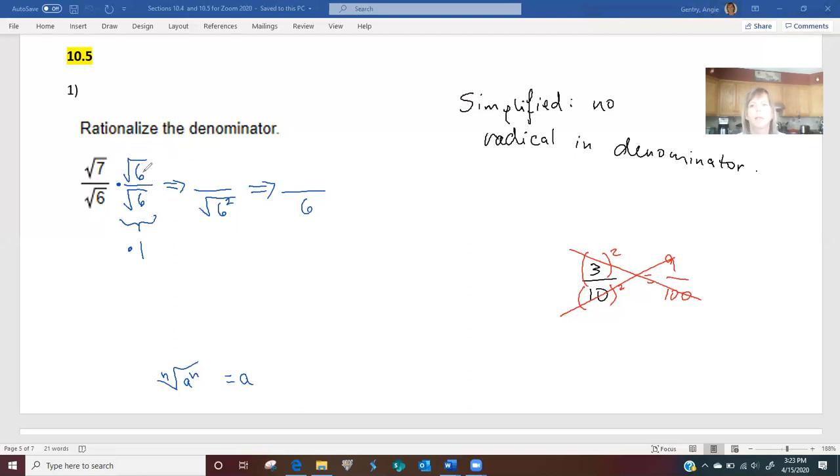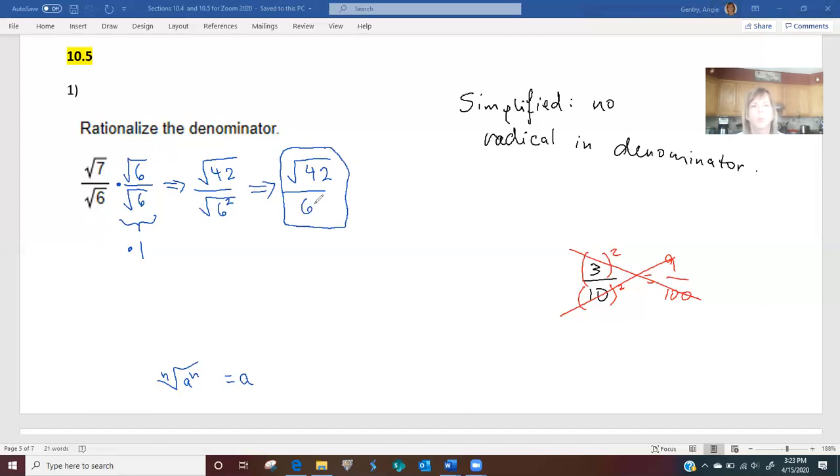So that's completely legal. That's like you not changing anything. So the numerator then is the square root of 7 times 6 is 42, and nothing changes. There's nothing going to come out because the 6 is a 2 times 3, so nothing comes out of there. So this would be then your final answer.